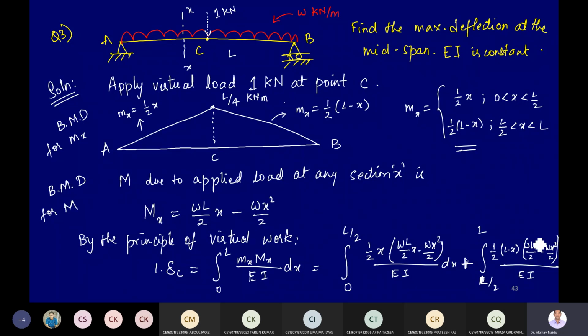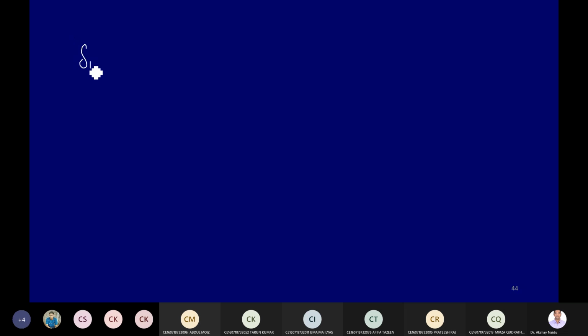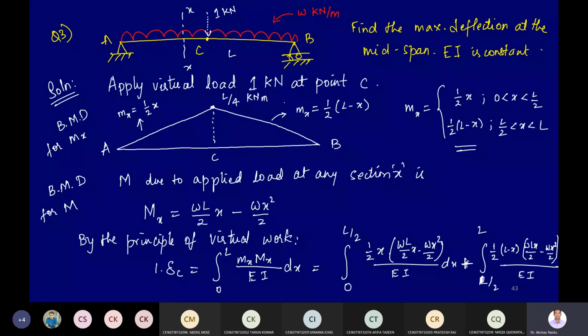So now let us integrate. If you take W x by 2 outside, you will get W x square. You can just multiply by x throughout.